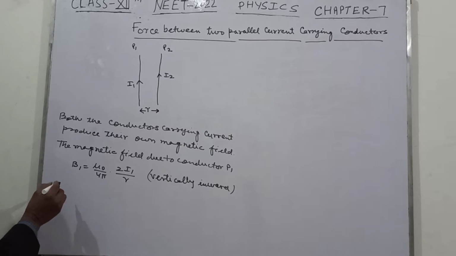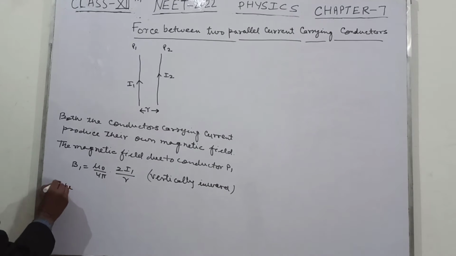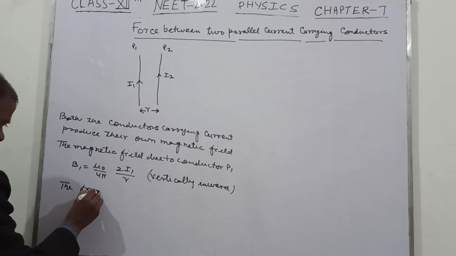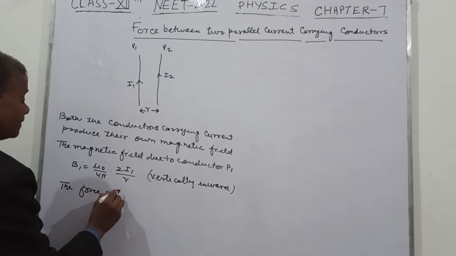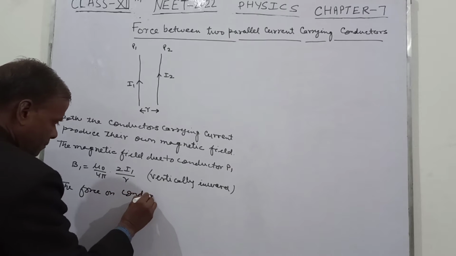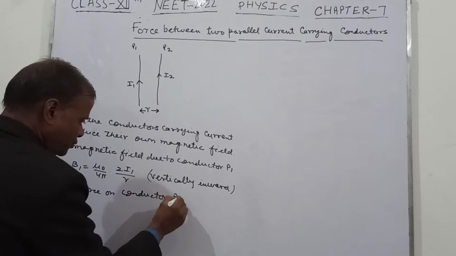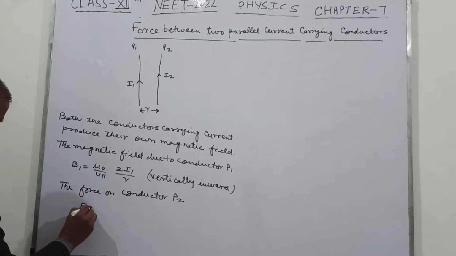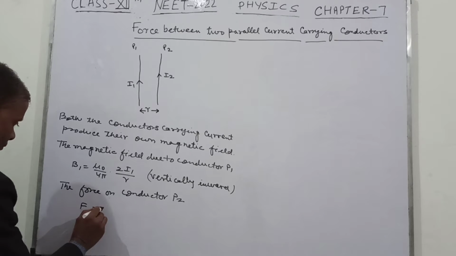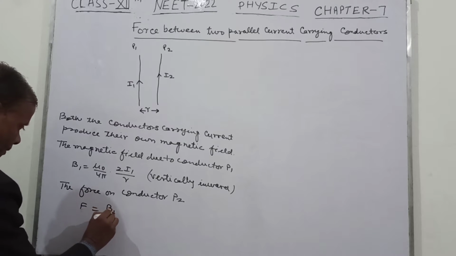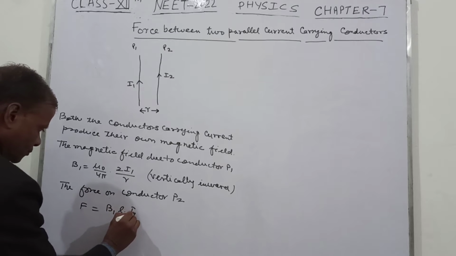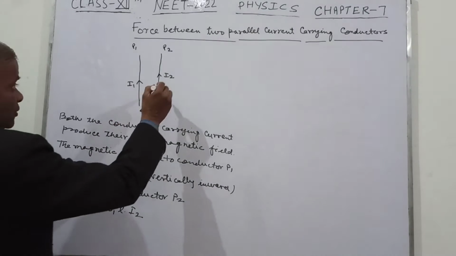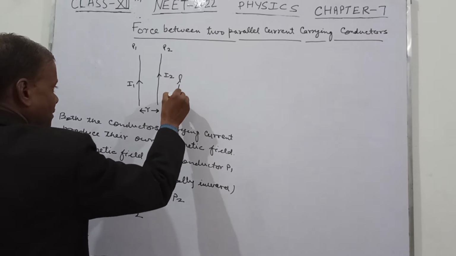Now the force on conductor P2. This is F equal to B1 L into I2. L is the length of this conductor.